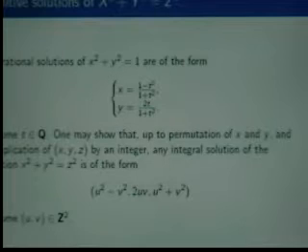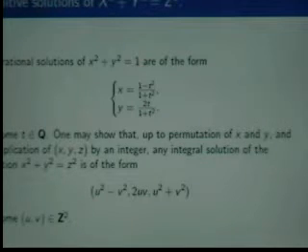Okay, so now let's go back to integral solutions. I wrote again the formula for rational solutions. If you multiply by 1 plus t squared, taking homogeneous formulas for all variables, you get solutions of the initial equation x squared plus y squared equals z squared, given by u squared minus v squared, 2uv, u squared plus v squared, for integers u and v.